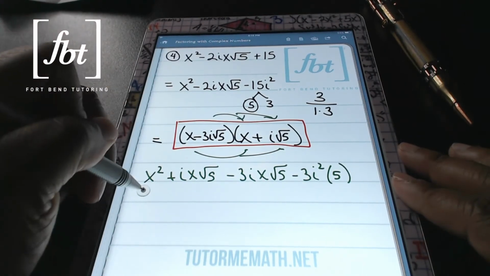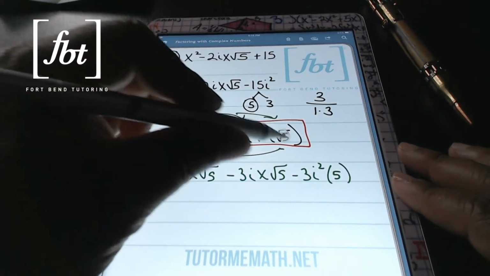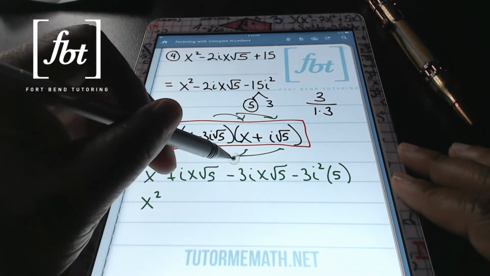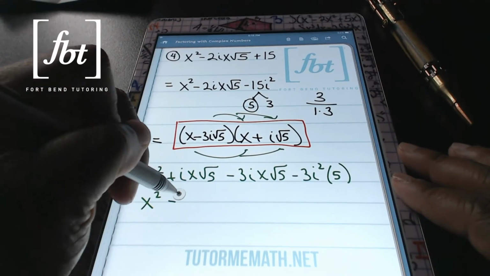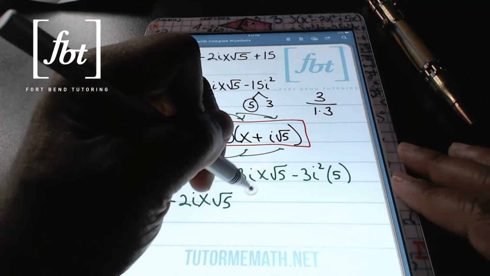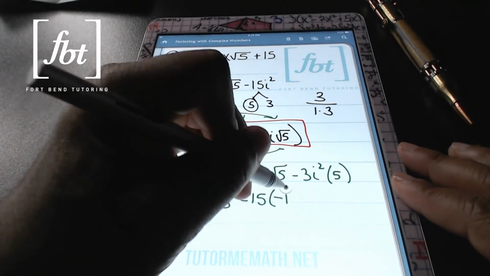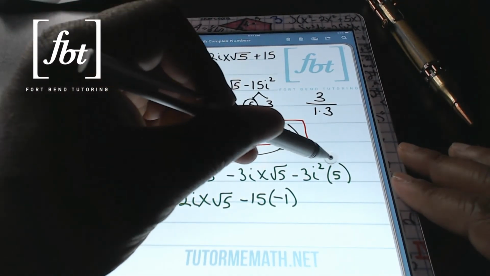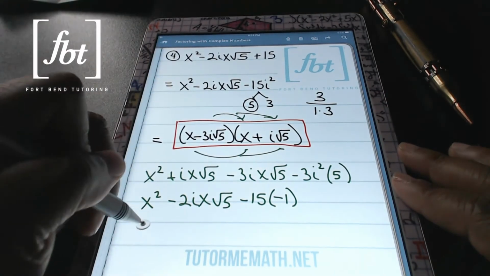Okay, then we'll go ahead and combine our like terms and multiply that last term there. So combining ix square root of 5 and negative 3ix square root of 5, you'll end up with negative 2ix square root of 5. And then we'll have negative 15 times negative 1, because the i squared is equivalent to negative 1. And of course, negative 3 times 5 gives us negative 15.